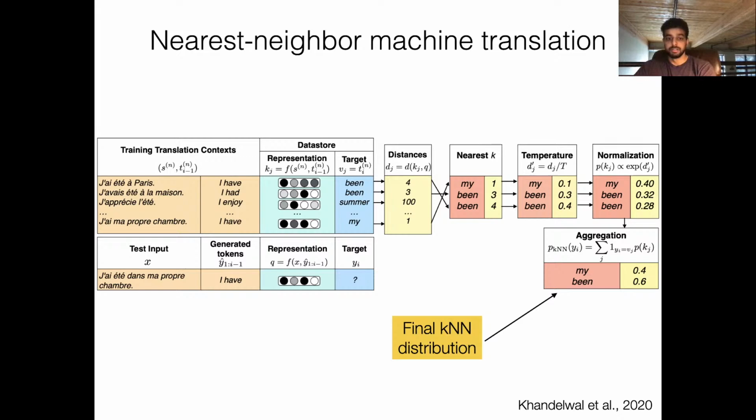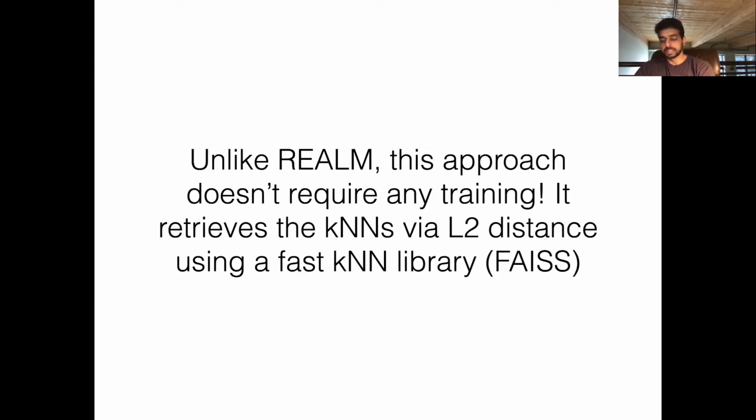Sorry, my voice is dying. So we don't have to train a retrieval model because the retrieval model is actually just the trained translation model itself. So this is an interesting twist on the idea with REALM.